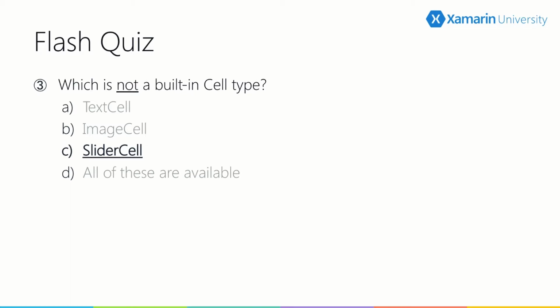Text cell and image cell are both available, but there is no slider cell. Bonus question. What would you do if you wanted to have a slider cell? That is a cell that contains maybe some text label and a slider. Yeah, absolutely right. You would create a view cell. And into that view cell, you would put the label and the slider control.